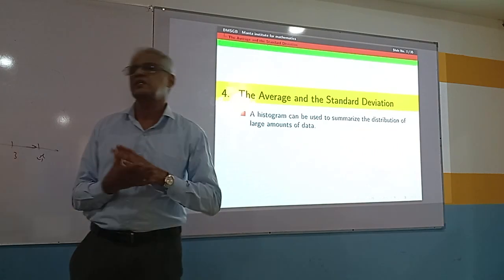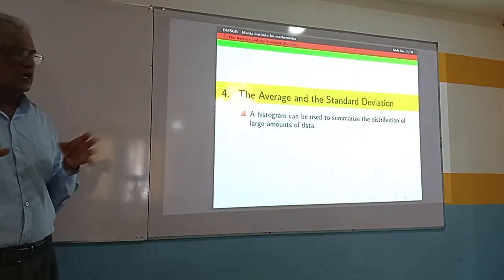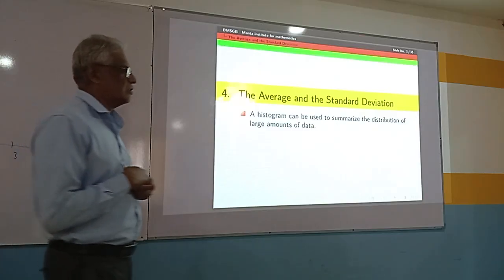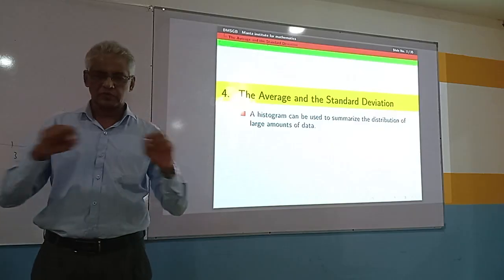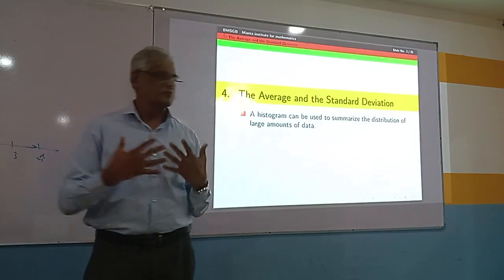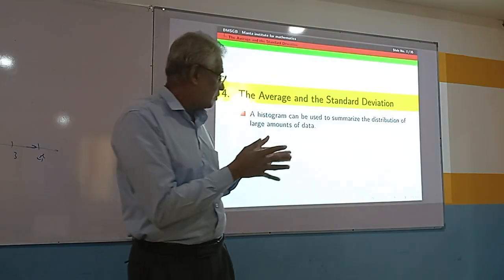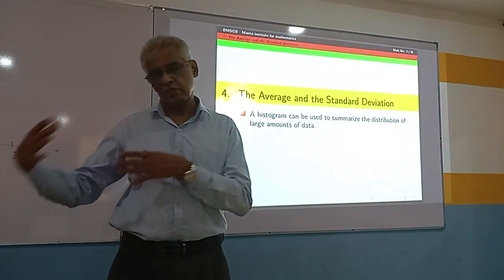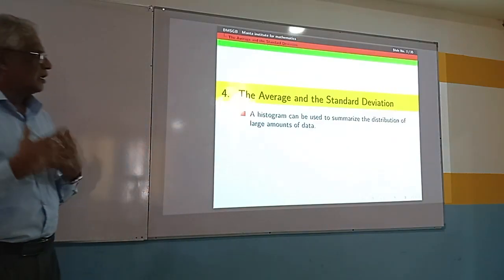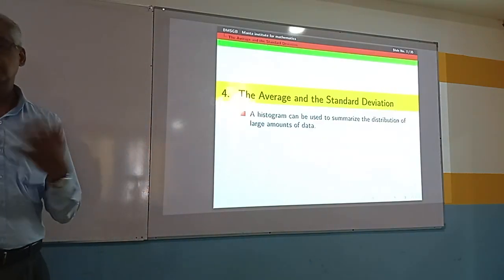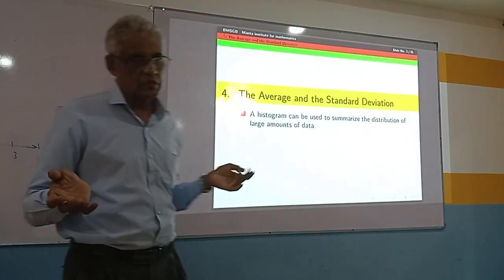We can have a very large data set, but then you can put it into one simple graph. It shows a lot of things, generally how the different values are possible. The frequencies or the percentages show which values have high possibilities and which values have low possibilities. And thereby you can classify the distributions as, for example, symmetric or skewed.